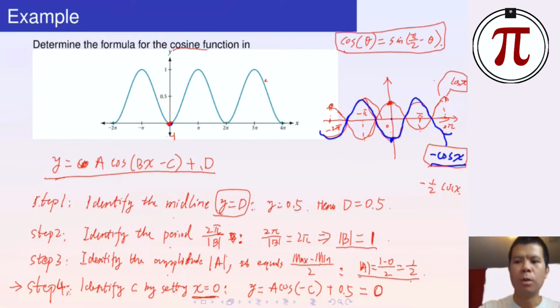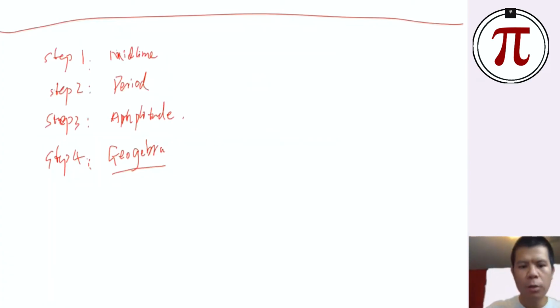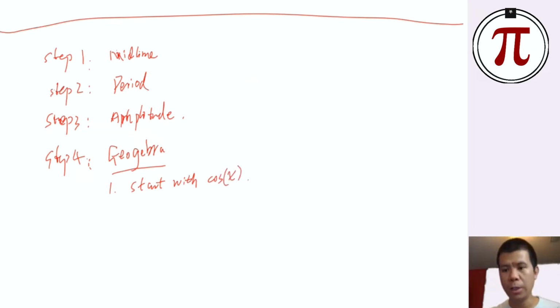Let's see what we mean. Step 1, start with cosine, because it's asking for a cosine function.